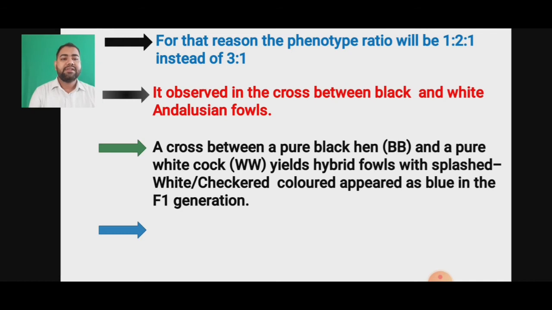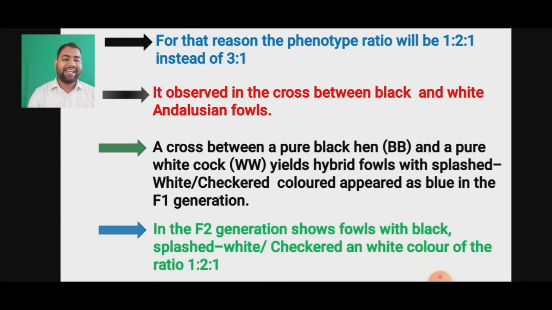It was observed in the cross between black and white Andalusian fowls, a cross between a pure black hen, genotype B B, and a pure white cock, genotype W W, which yields hybrid fowls with splashed white or checkered color, appearing as blue in the F1 generation.